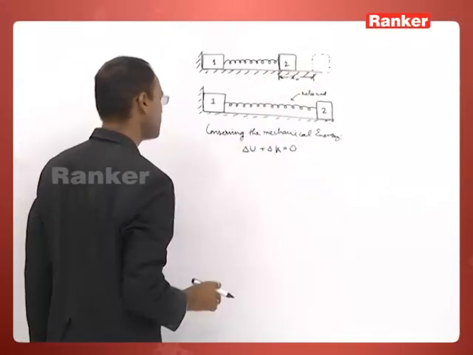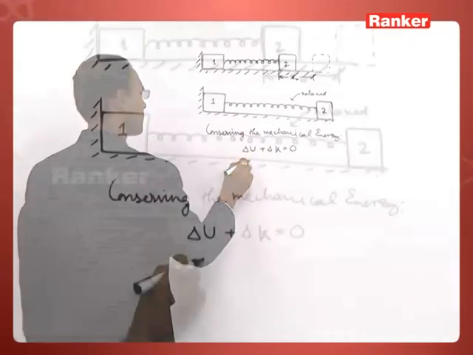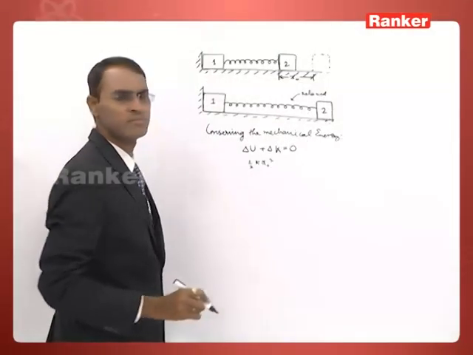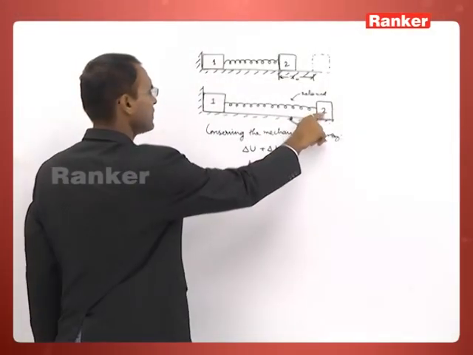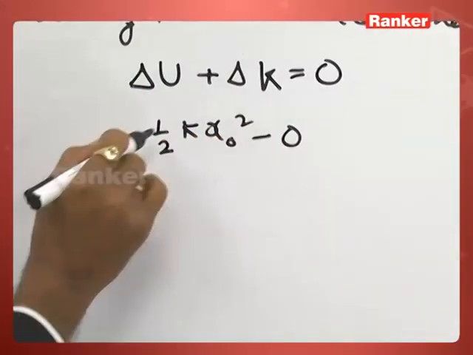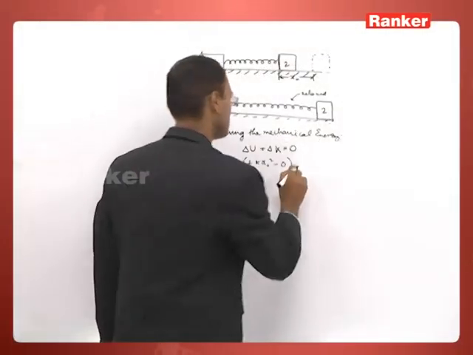The spring potential energy changes from half k x naught square to 0, because here the spring is relaxed. Final minus initial potential energy. This is final, this is initial. Change in physics is always final minus initial.